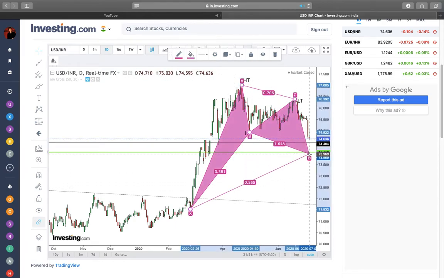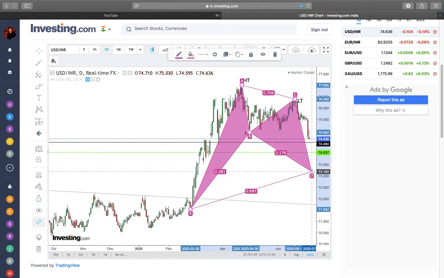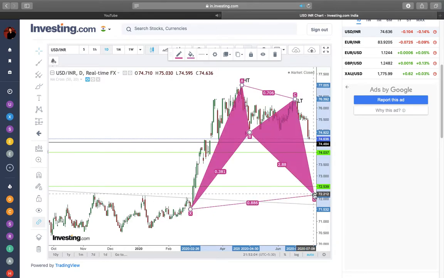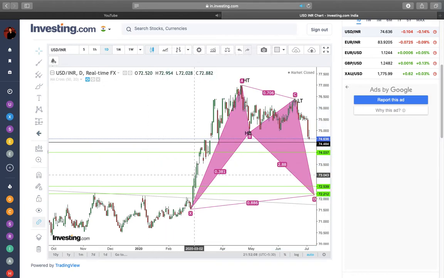The next target on the downside will be a 2.618 move, which will be somewhere around here, which is quite extended. This is the second support zone, and the final support for this particular pattern comes at 0.886 of the XA length, which is right around here. So there we have it.